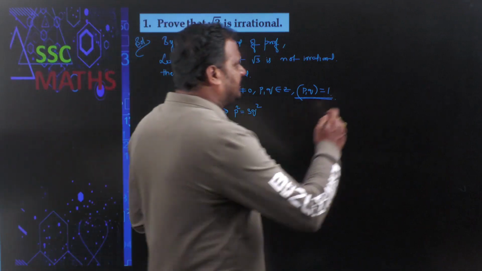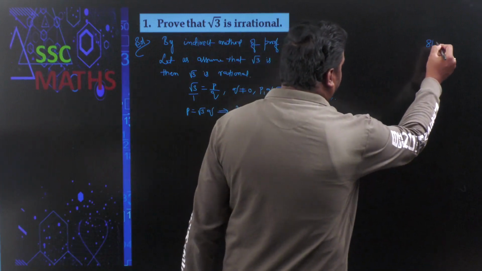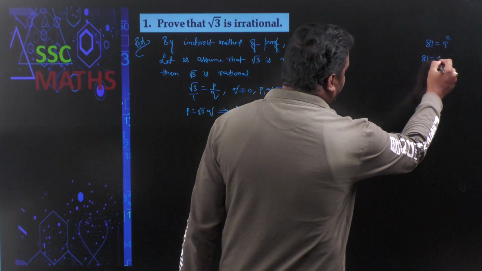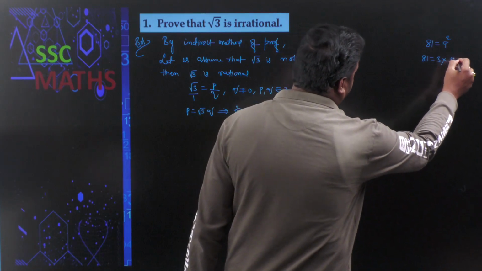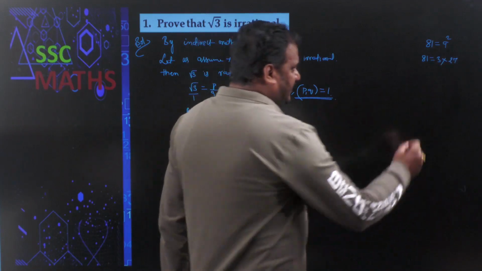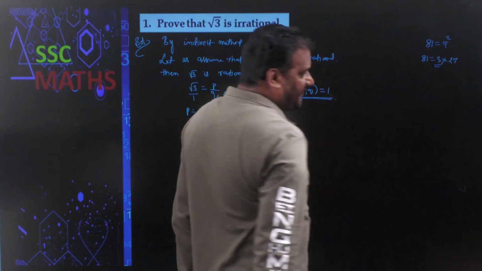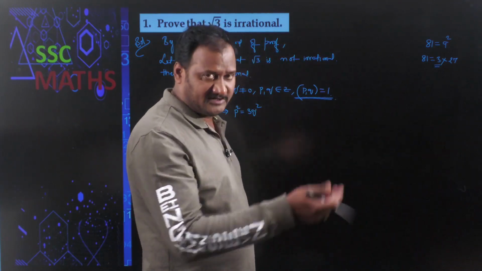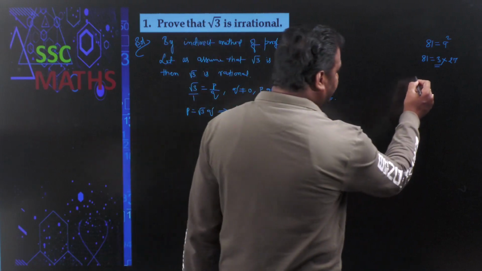Can I take 81? So 81 is a square number because you can write 81 as 9 square, and 81 can be written as 3 into something, whatever that something is. Correct? So 81 is a multiple of 3. Then what is square root 81?